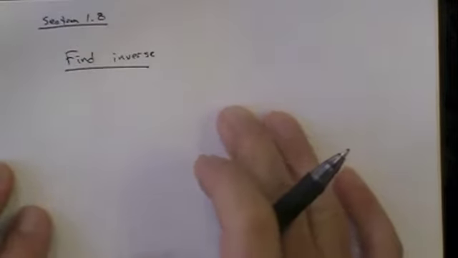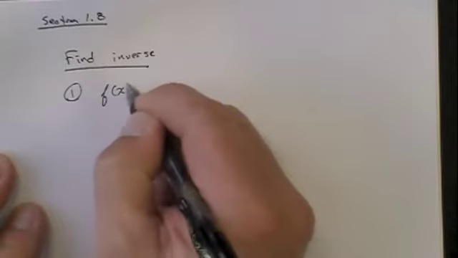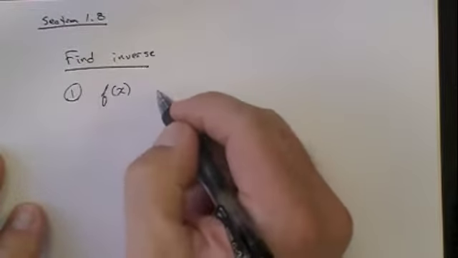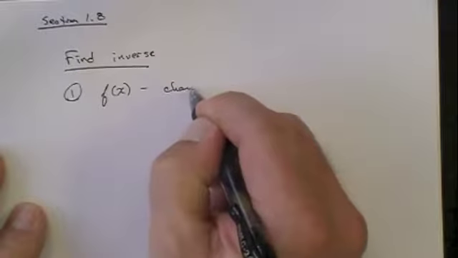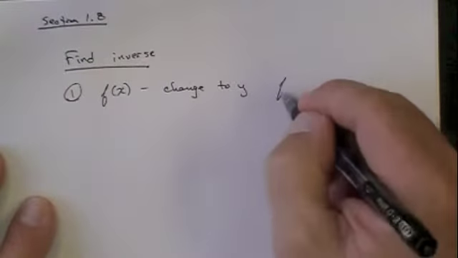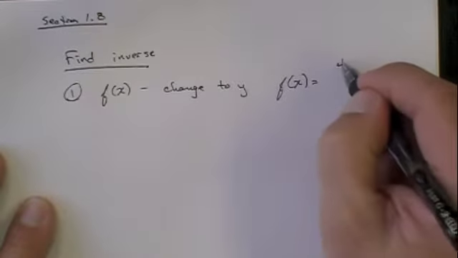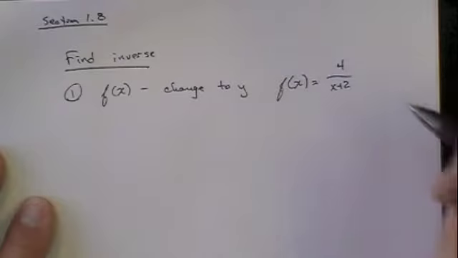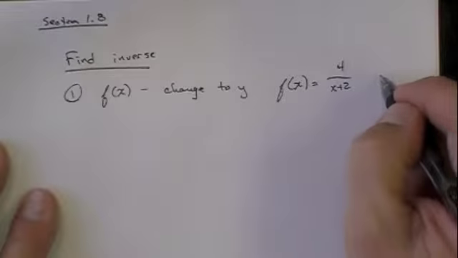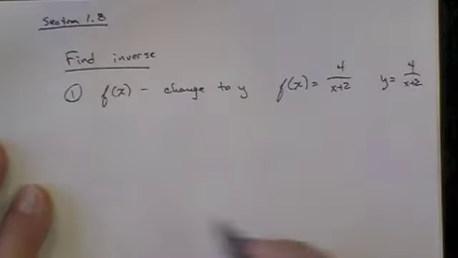Now our steps when finding the inverse. First thing we're going to do, instead of writing it as f of x, we're going to change that to y. So if we have f of x equals 4 over x plus 2, we're going to rewrite that as y equals 4 over x plus 2.